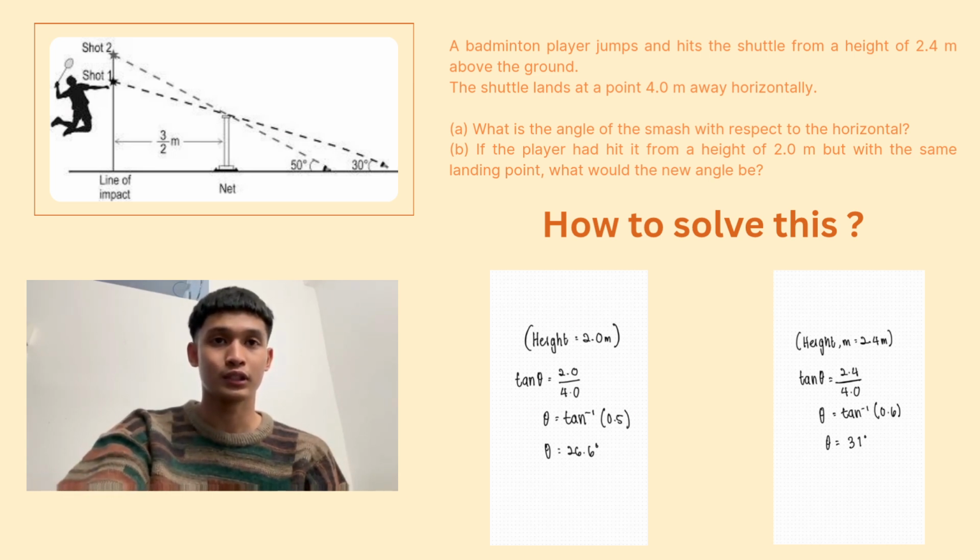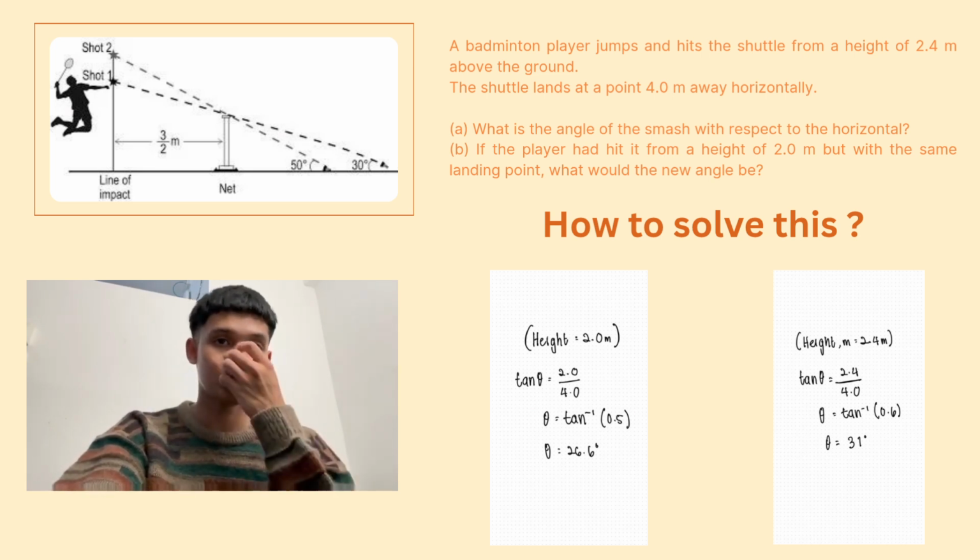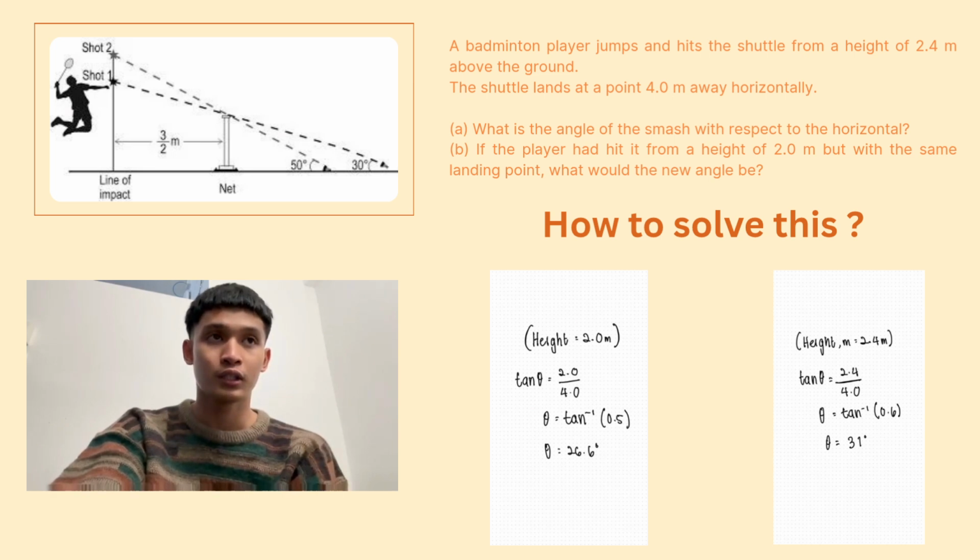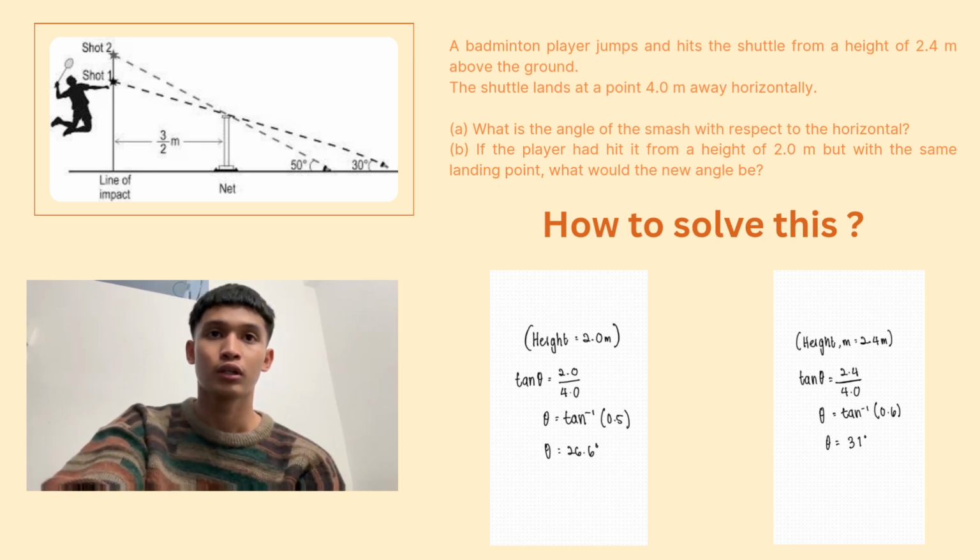The second question, which is B. We just do the same thing, putting in the numbers given in the question, which is height 2.4 meters, equals our opposite.